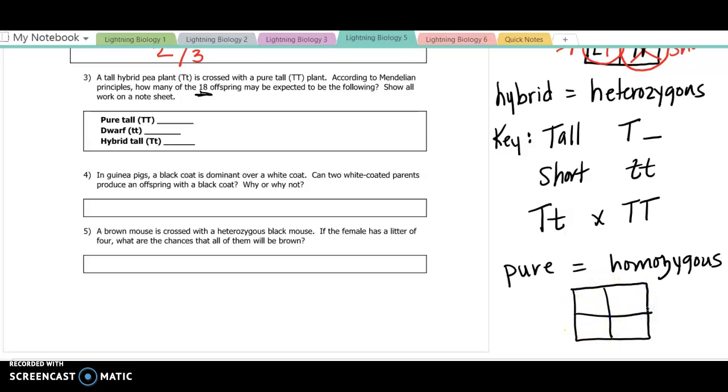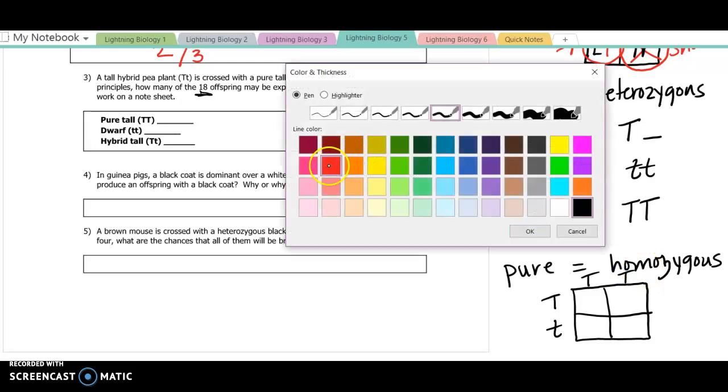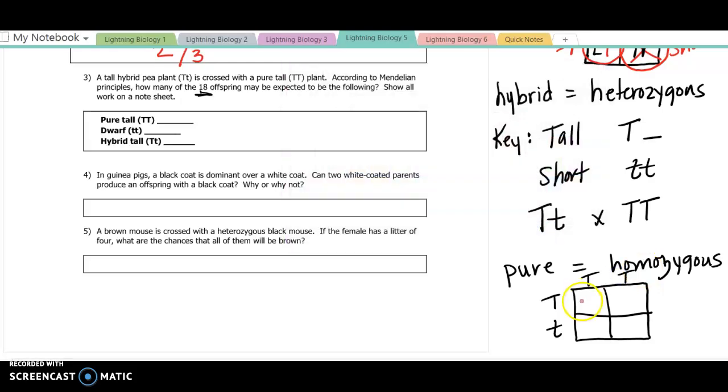I will have the answer there. So I know the one parent can give a big T or a little t. The other parent's going to give big T, big T. And so my offspring are going to be big T, big T, big T, big T, big T, little t, big T, little t. So now I can see really easily what is the probability that I'm going to get a pure tall.